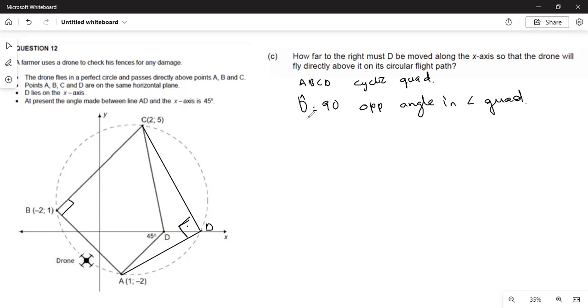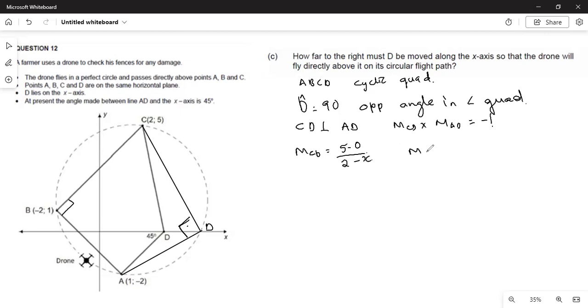And if that is true, that means we can say that CD is perpendicular to AD, and therefore the gradient of CD multiplied by the gradient of AD must give us -1. For the gradient of CD, we will say 5 minus 0 over 2 minus x.